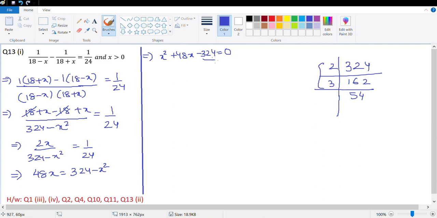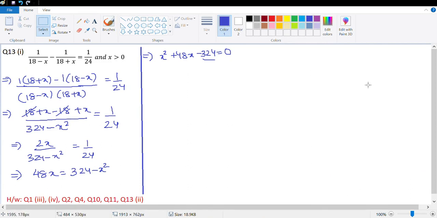So 6 into 54 will give us 324. And I need a negative, right? So I can write negative 324 is equal to negative 6 into 54. And negative 6 plus 54 is also equal to 48. Perfect. I've got my answer, negative 6 and 54.